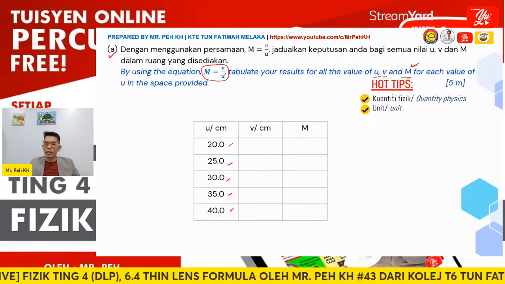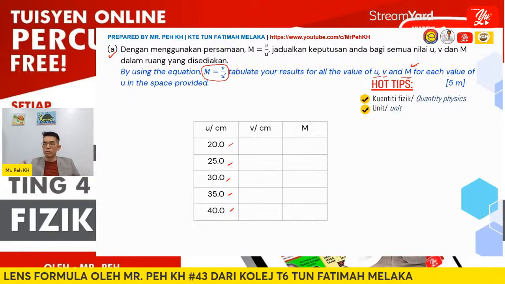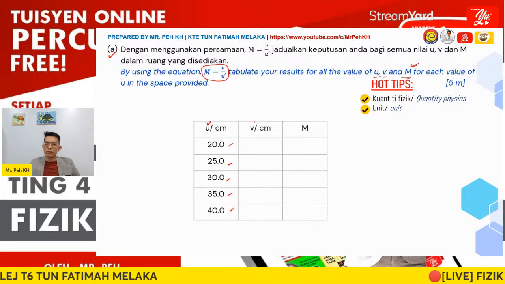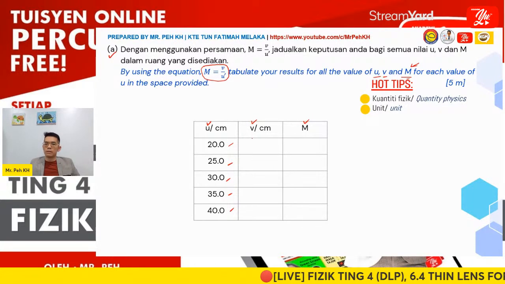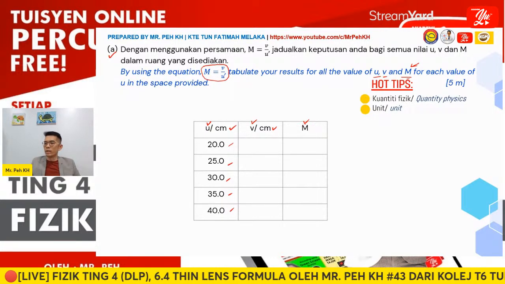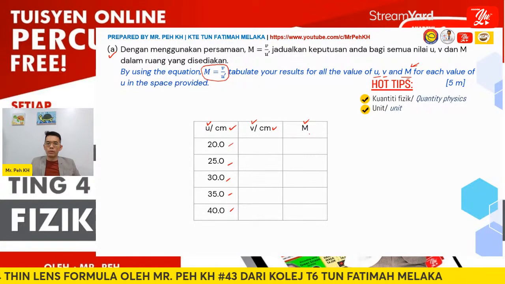For tabulation, there are 6 ticks you need to fulfill. The first tick is that you need to state the physical quantity in your table. Second is the unit, cm. For the magnification, there will be no unit here, so no need to state any unit.